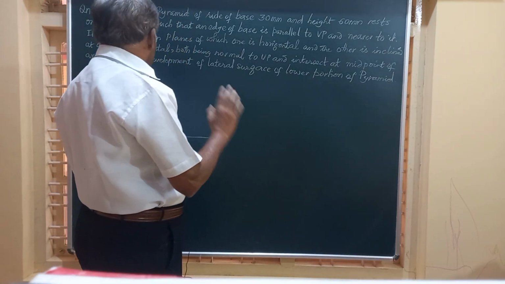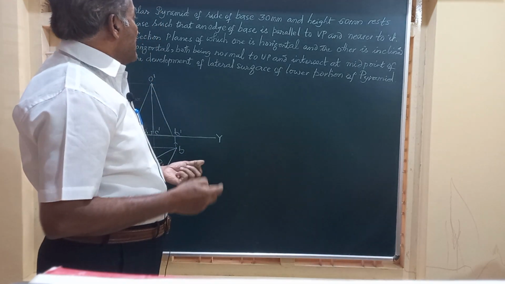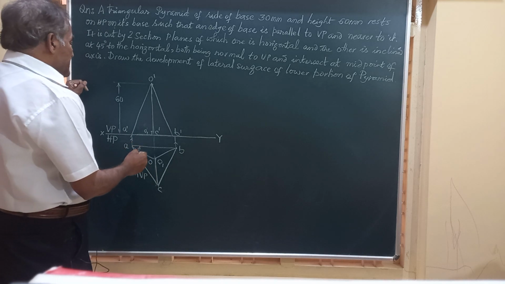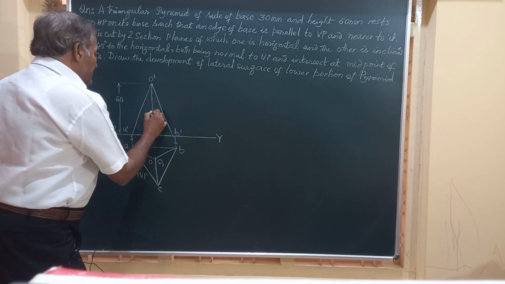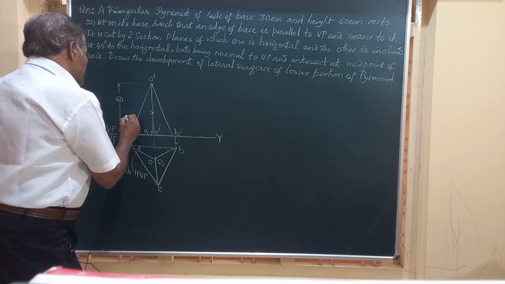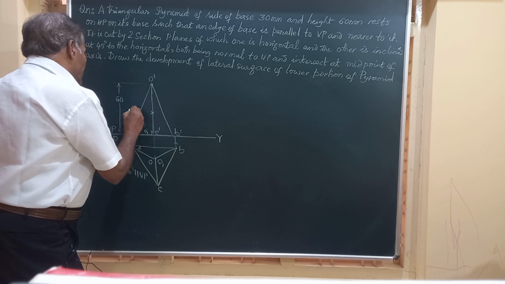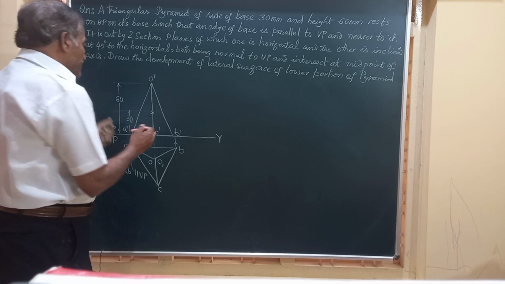It is cut by two section planes, both being normal to VP, and they intersect at the midpoint. So we will locate the midpoint of the axis at a height of 30 mm, that is the midpoint of O dash O1 dash, and from here we will draw two section planes.